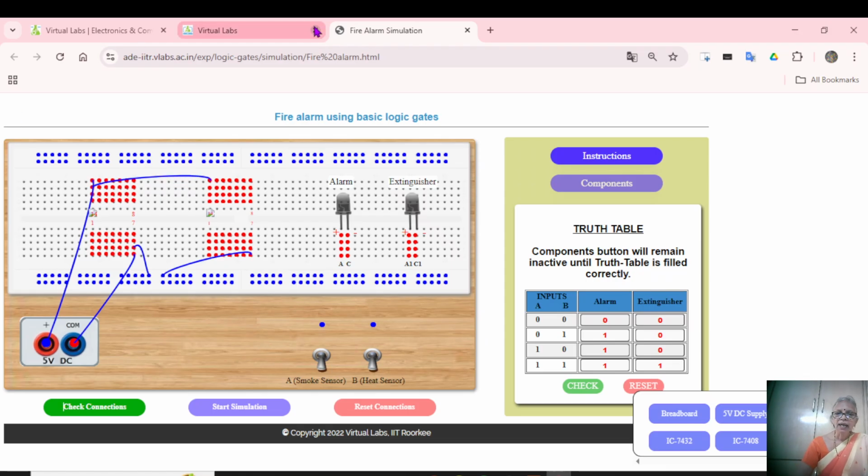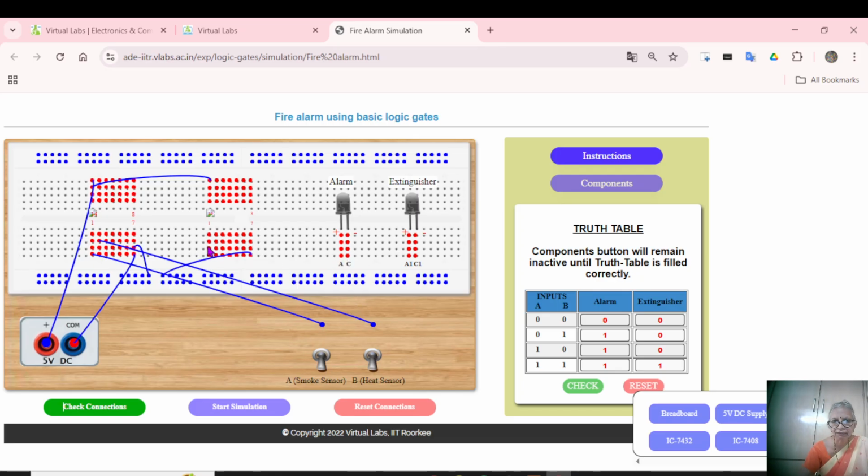Right. Now the LED is connected to this. Which gate is this? 7432, it's an OR gate. So you require the switches to be connected. This is A, that is the smoke sensor. This is the heat sensor. These are the inputs. Similarly, you must connect the inputs even to this gate.